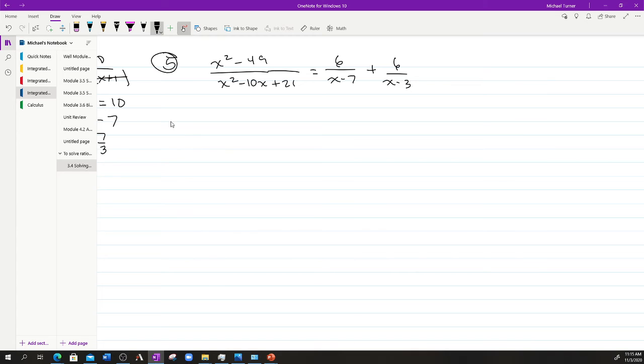So here we already have a single fraction on the left side of the equal sign, but not on the right. So we may want to first write the right-hand side by multiplying the right term by x minus 7 on top and bottom, and multiplying by x minus 3 on the left top and bottom.